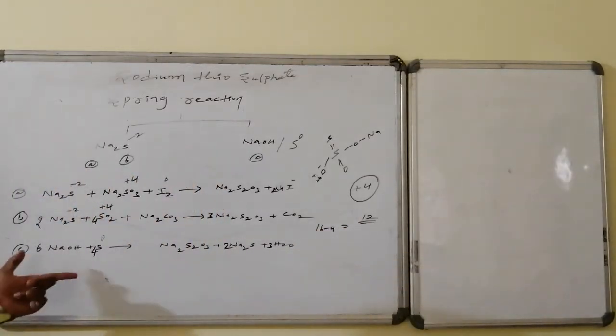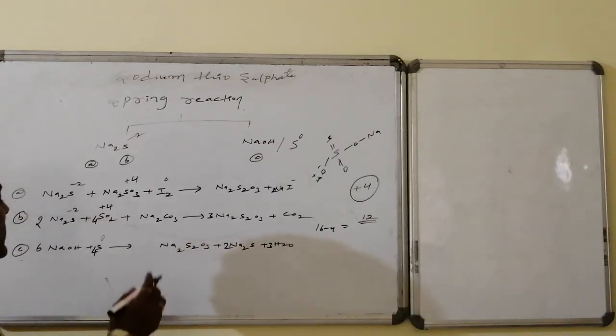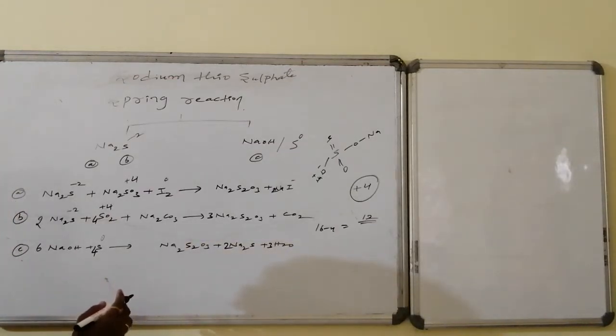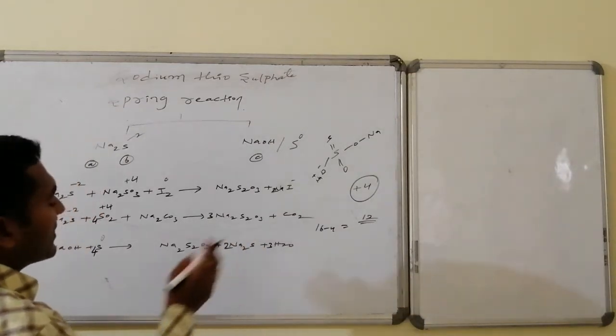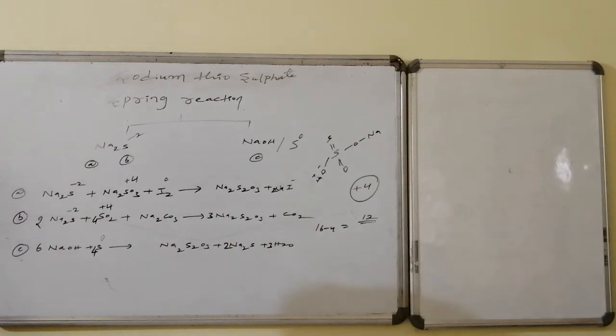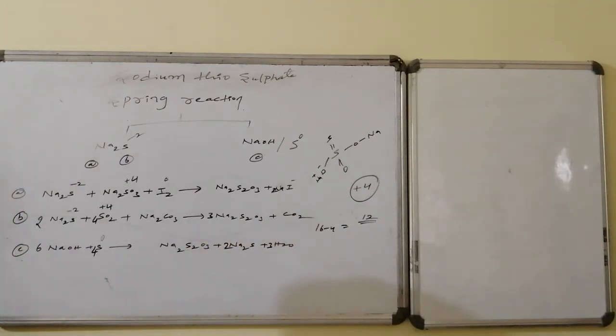And similarly here also no other oxidizing agent is there, only the sulfurs in between them. Total number of sulfur atoms present here is Na2S2O3 followed by Na2S. Some of the sulfur underwent reduction to form Na2S and some of the sulfur is present in the +2 state. Let us count the total number of oxidation situations because it is coming from 0.